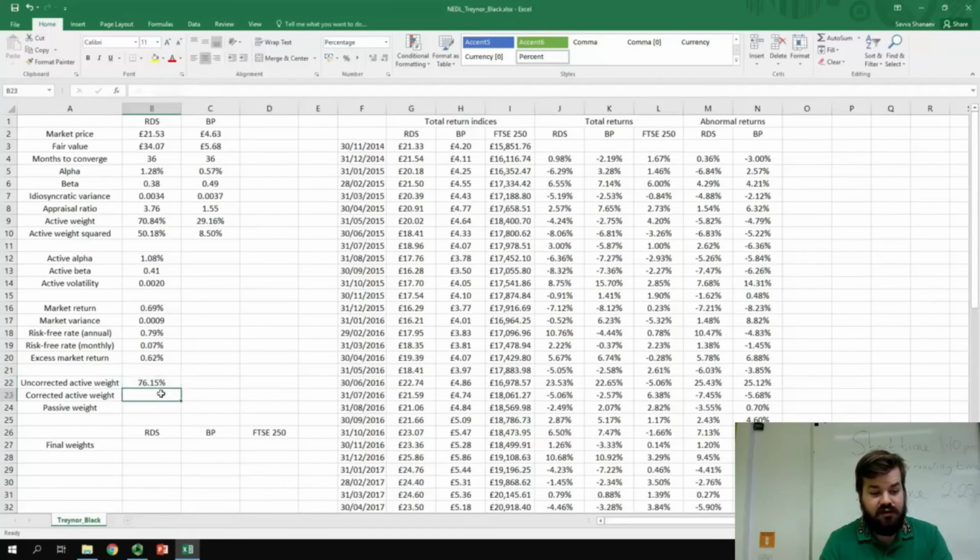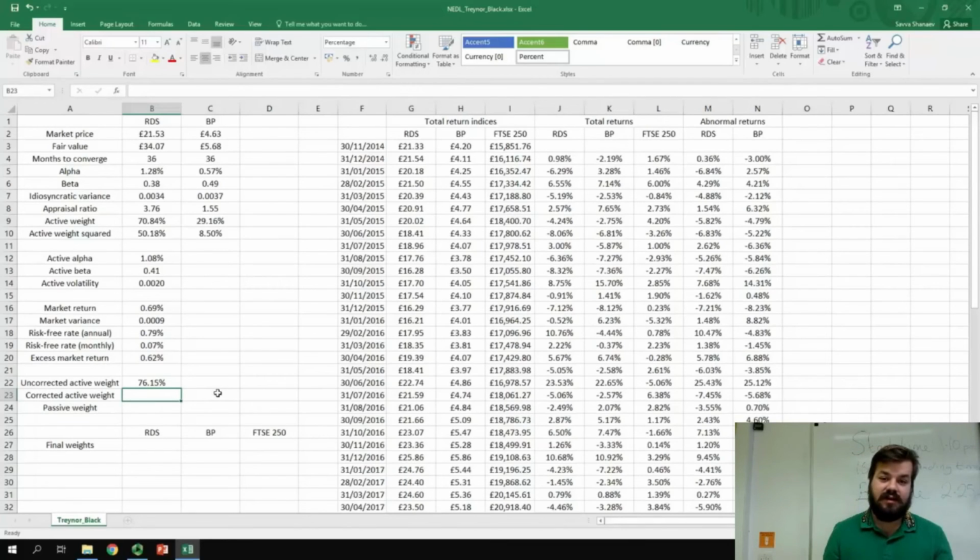But now, to be even more precise, we need to correct that figure to the beta exposure of the active portfolio. The idea is that if the beta of the active portfolio is very low, then you will get very, very small return out of the market exposure of our active portfolio.